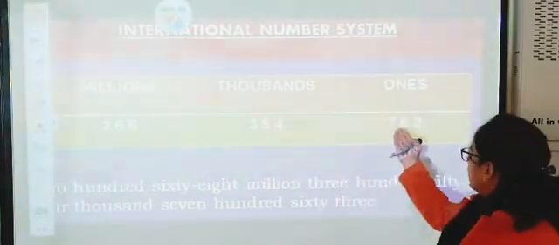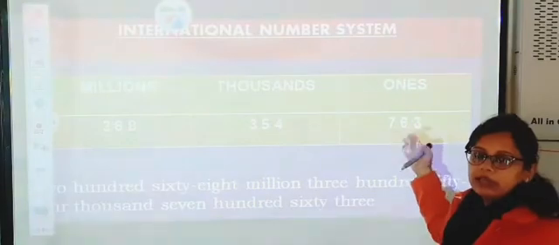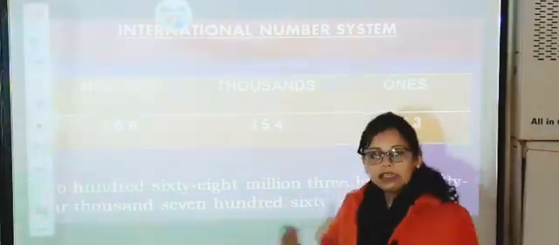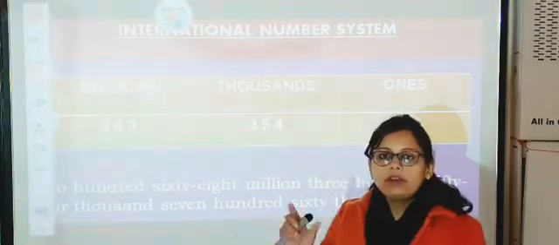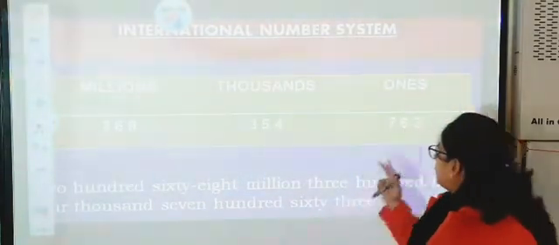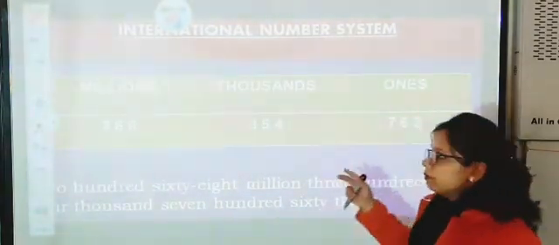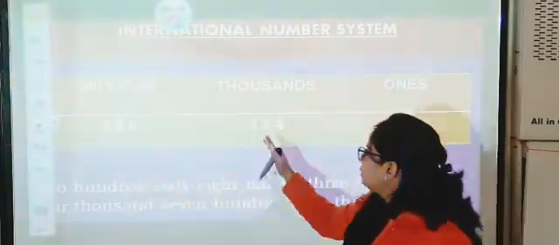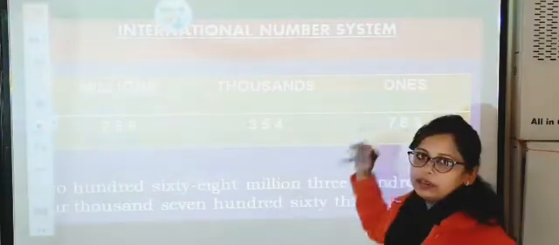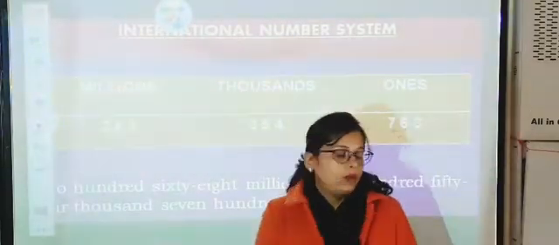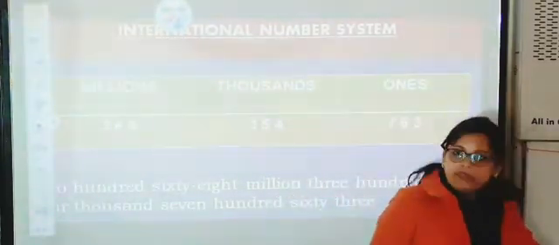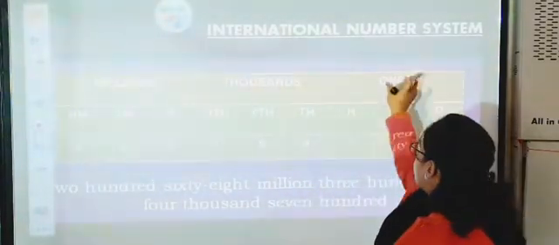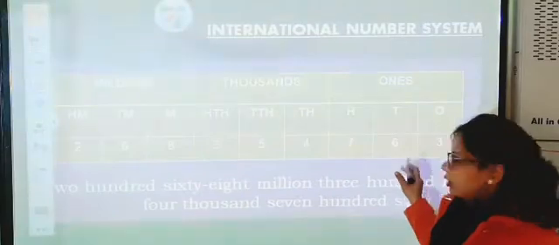Then 763, a 3-digit number, lies in the ones group. Just like the Indian number system, we don't say ones, you just say 763. So it is 268,354,763.